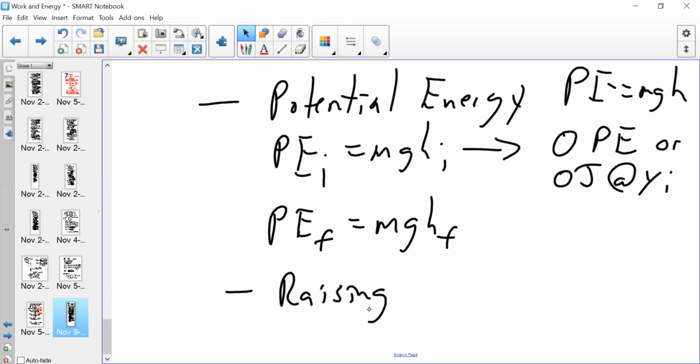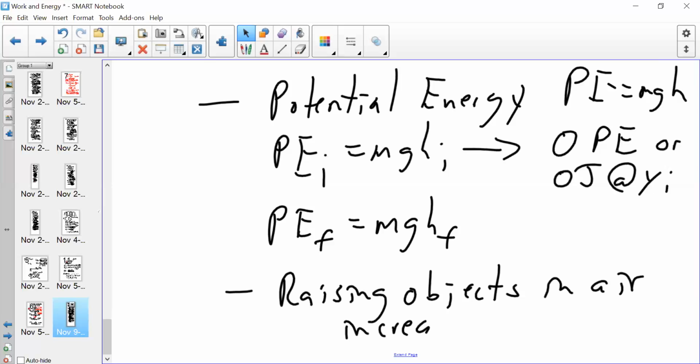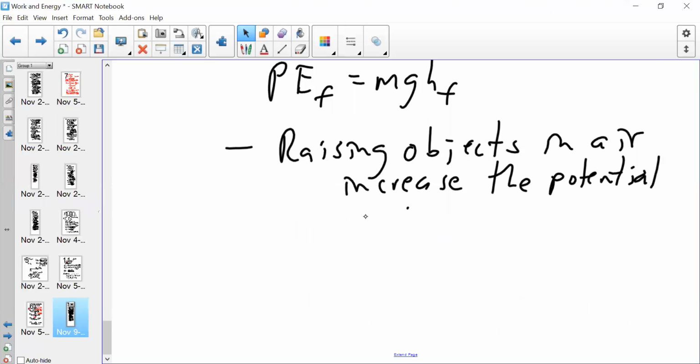Even though Fg and delta y are there, I've increased the potential energy, even though there's no work being done at that moment. At the moment of h initial being 0, and h final non-zero, there's a non-zero potential energy. Increase in potential energy.